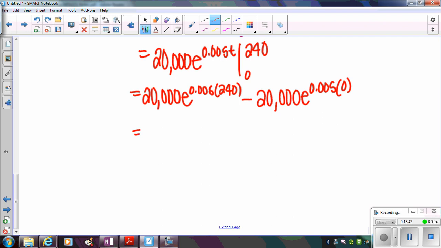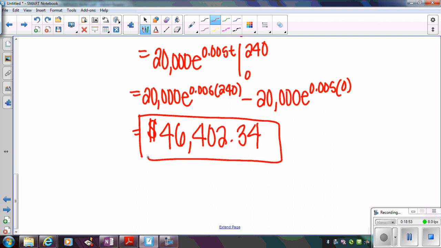So go ahead and subtract those out, and I'm getting $46,402.34 when I round to 2 decimal places. So that's the total amount if this happened for 20 years instead of just 6 months. So it should be significantly larger in comparison to the other part of the problem because it's money flow for a significantly larger amount of time.